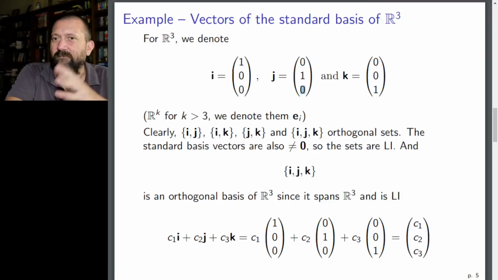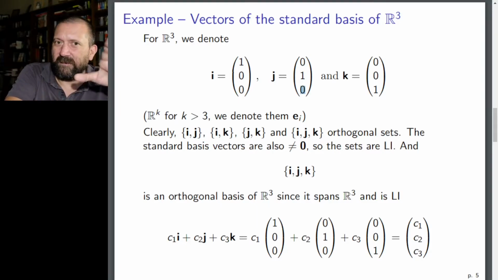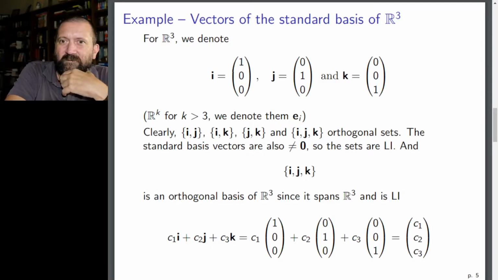I get 0. So this is going to work for any of the three taken two at a time. Those standard basis vectors are non-zero. They all have a non-zero entry. So by the theorem we saw before, the sets are linearly independent.